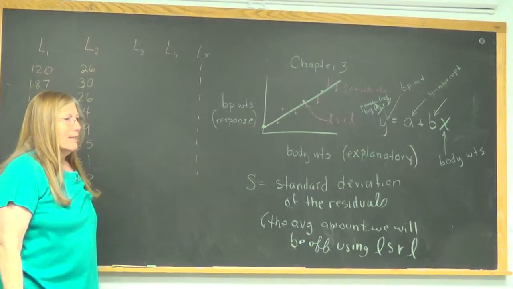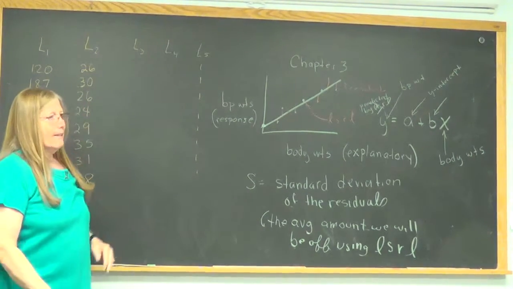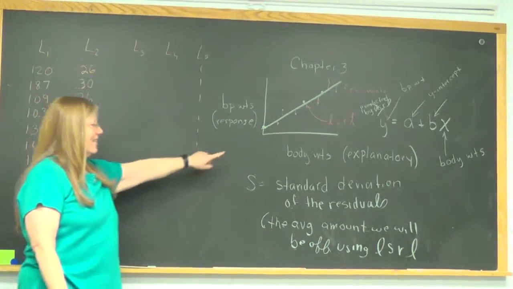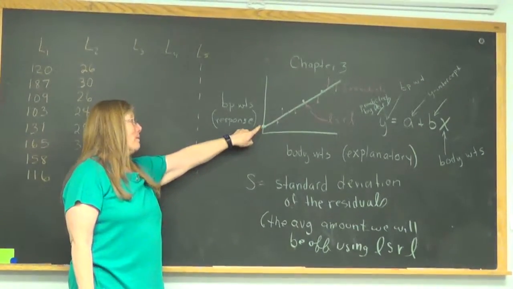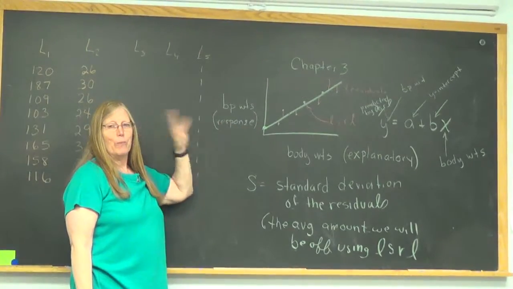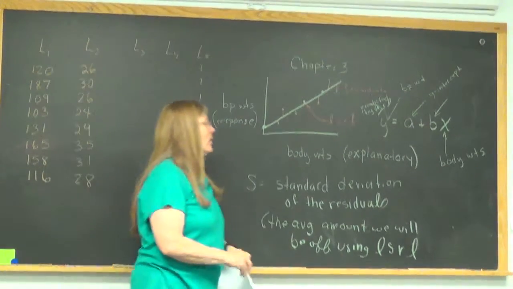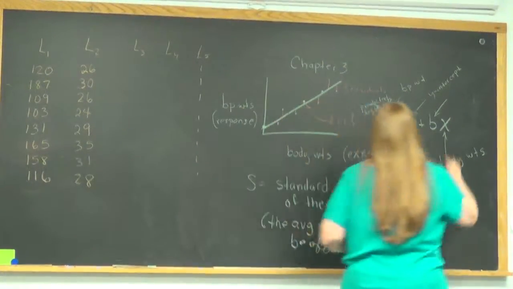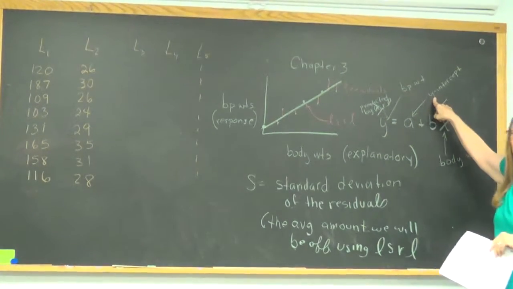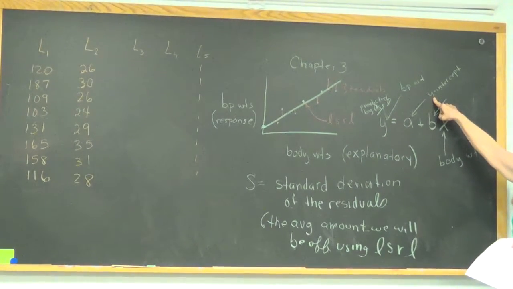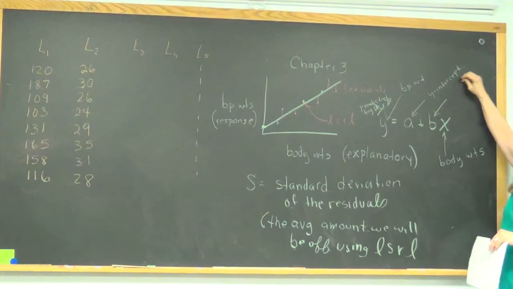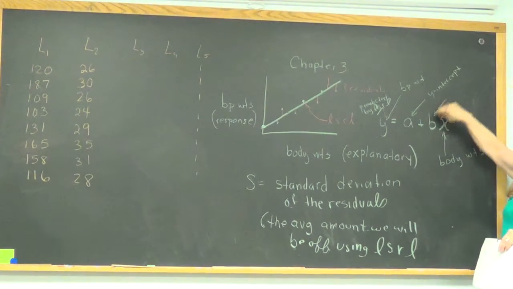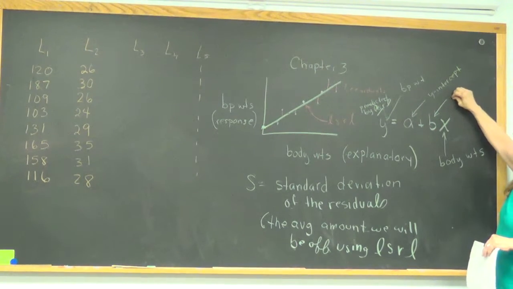This says if someone weighs 0 pounds, their backpack weight is 2.1. That is nonsensical. Sometimes the Y-intercept is meaningful, sometimes it is ludicrous. It's good for a good joke sometimes. All right, so now this is the slope.